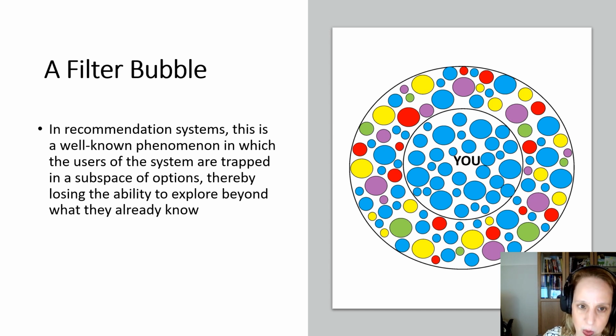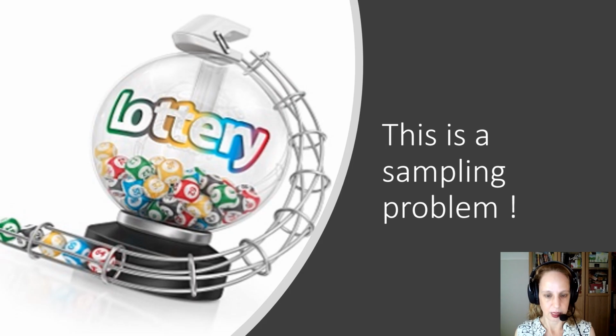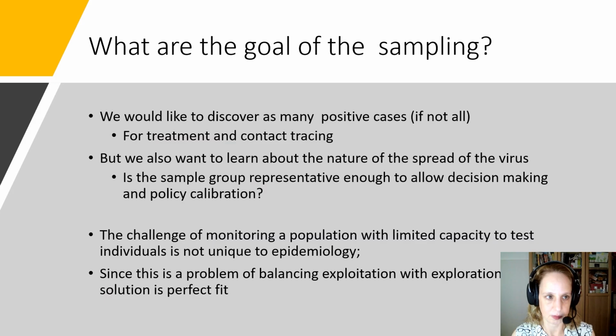This phenomenon of being trapped in a subspace of options and thereby losing our ability to explore beyond what we already know is very well known in recommender systems, like Netflix. If you're watching a Christmas movie 2 days in a row, then on the third day you're more likely to get all of your feed filled with Christmas movies.